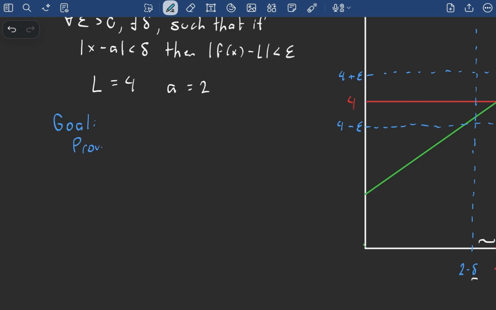Prove that for all epsilon greater than 0, there exists a delta such that when the absolute value of x minus 2 was less than this delta, that implies that f of x minus 4 was less than epsilon.